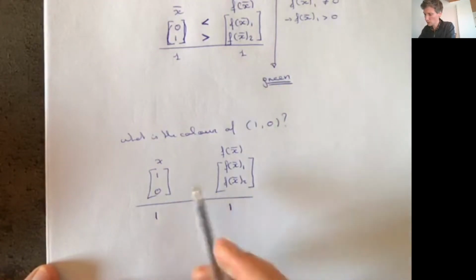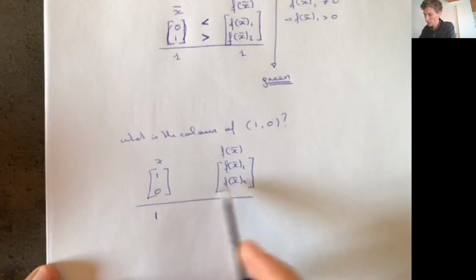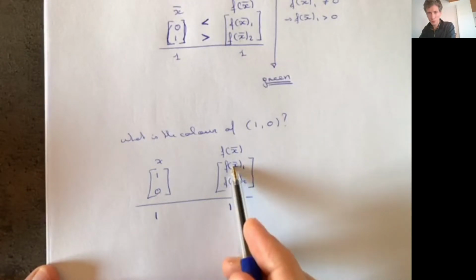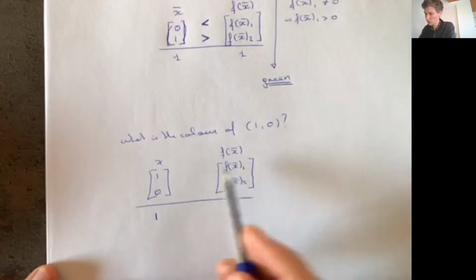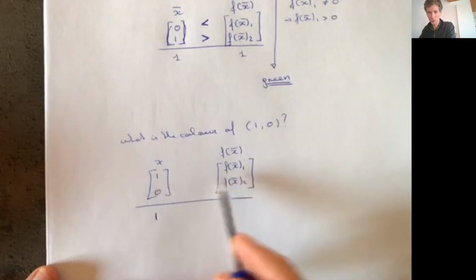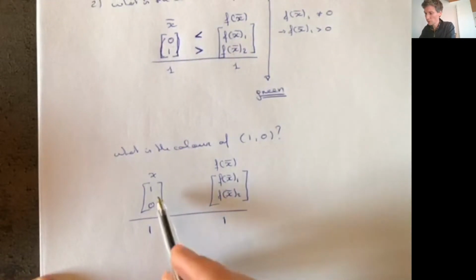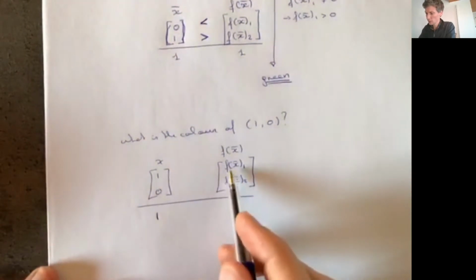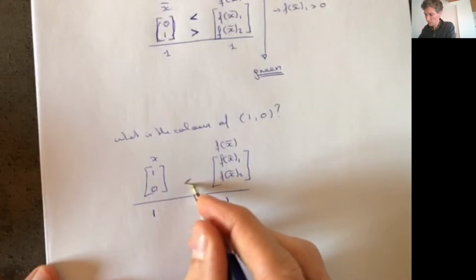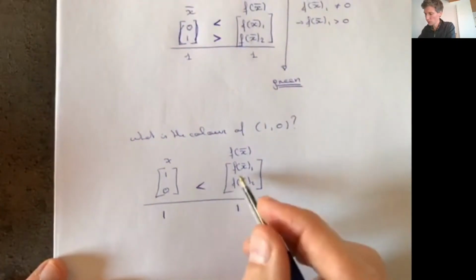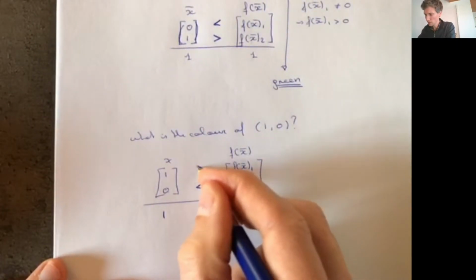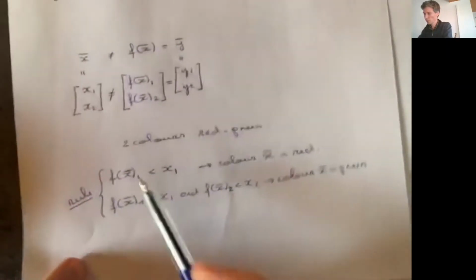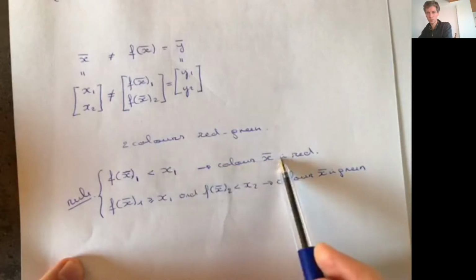If f of x2 would be equal to 0, and this would be equal to 1, because they have to add up to 1, then these two vectors should be the same. However, they cannot be the same because we don't have a fixed point by assumption. So we have a strict inequality here, and then because they have to add up to 1, we have a strict inequality here. So f of x1 is smaller than x1, so this has the color red.